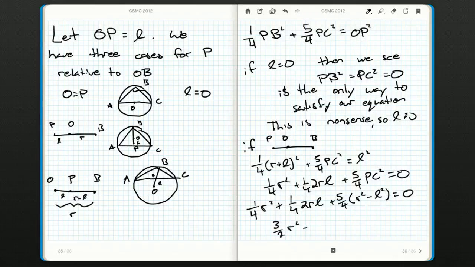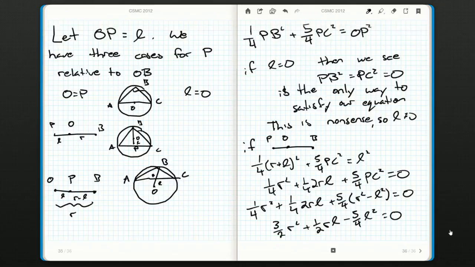3/2 r squared plus 1/2 rl minus 5/4 L squared equals 0. Is there a nice way to simplify this? Well, we can multiply everything by 4.